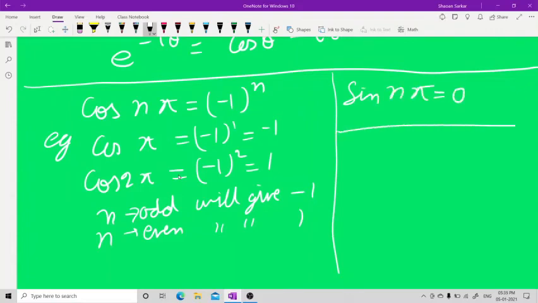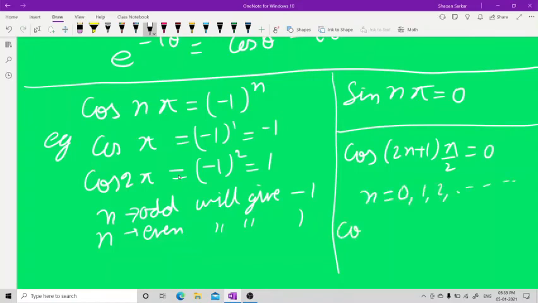Now, let us see cos 2n plus 1 pi by 2 is always 0 for n equal to 0, 1, 2 and so on and so forth. Or in some books you will see cos 2n minus 1 pi by 2 equal to 0 for n equal to 1, 2, 3, so on and so forth.